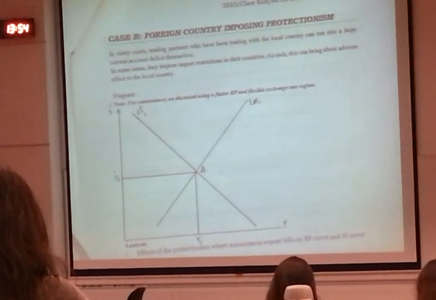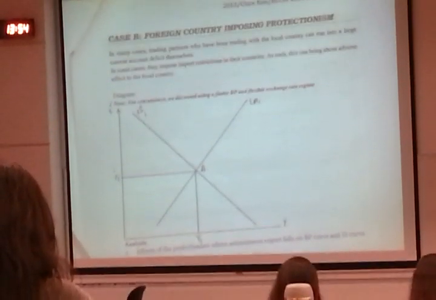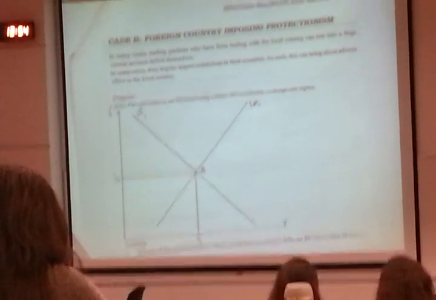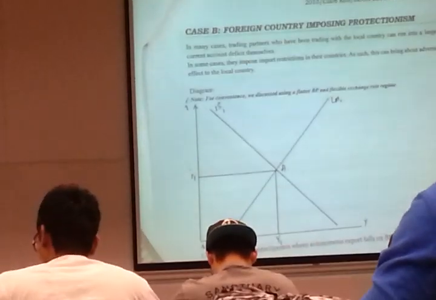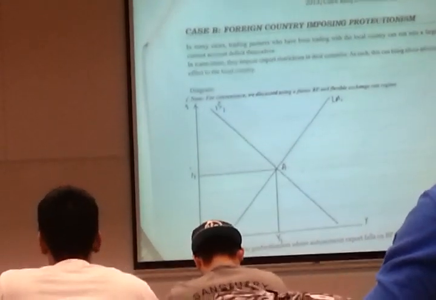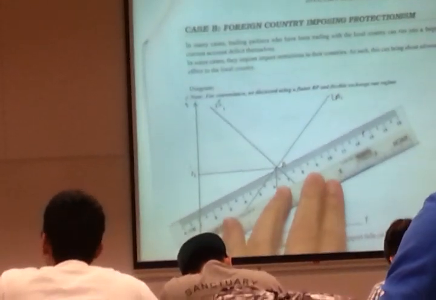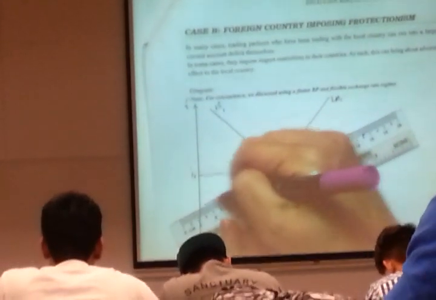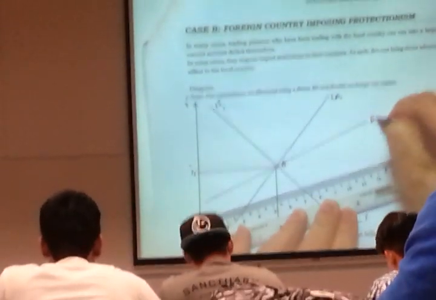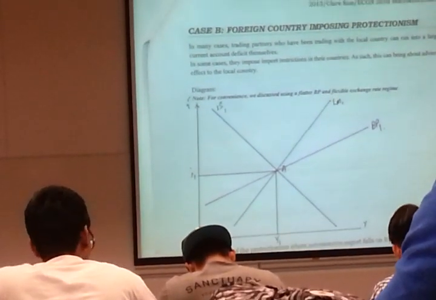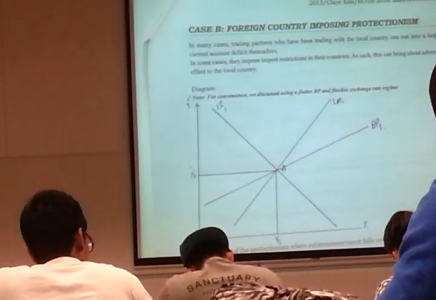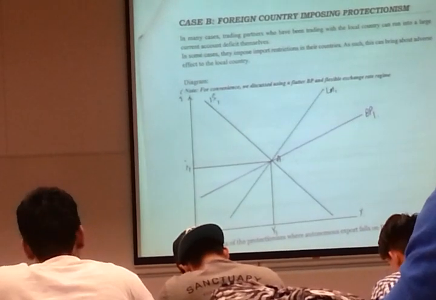Your country determines your own interest rate, I1, Y1. Your country is at equilibrium at point A, and you assume that at point A, with the interest rate and income, your BP is 0. So when you draw the BP across, please don't think that the line must intersect.